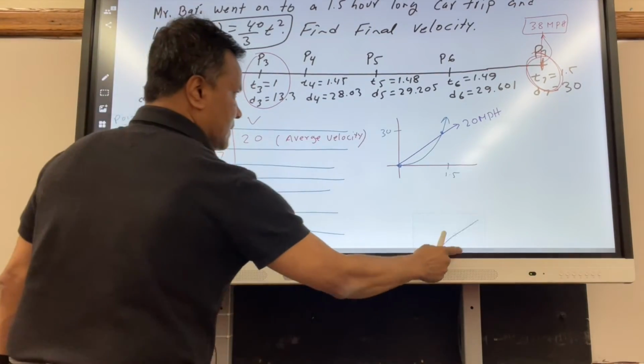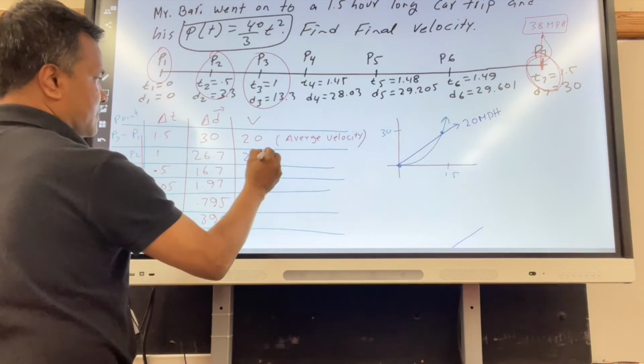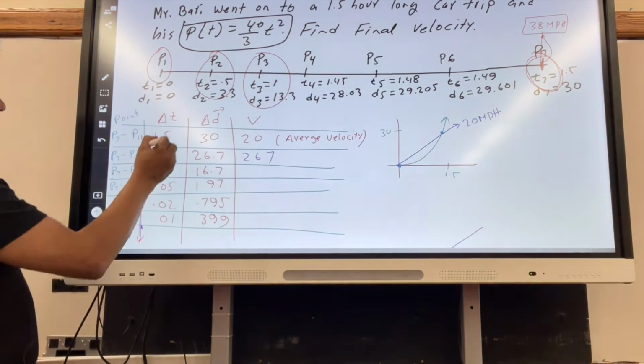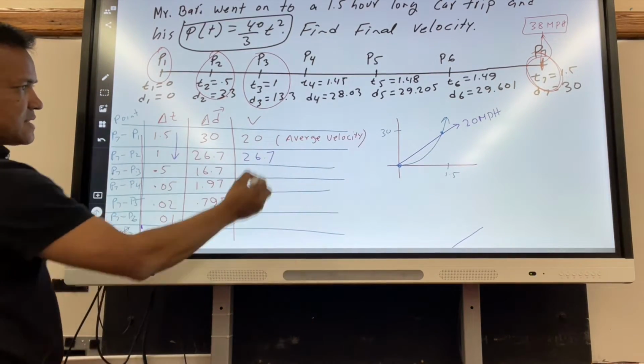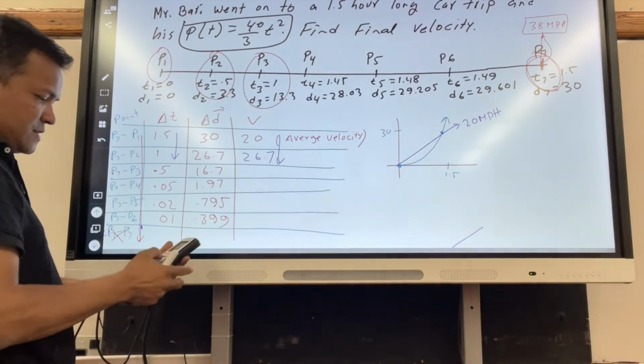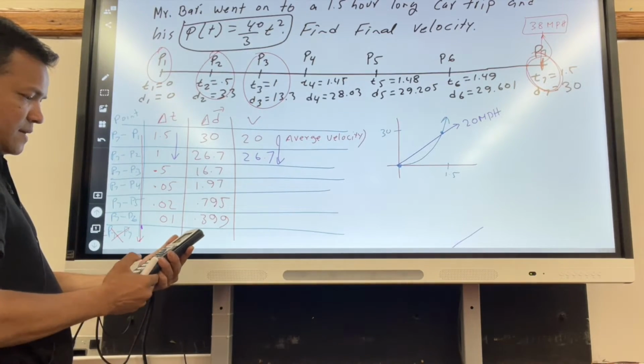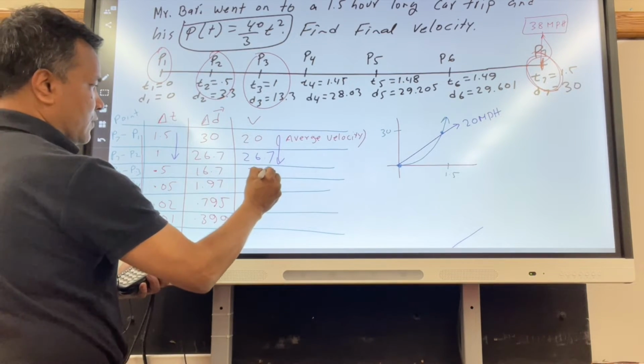Okay, get it? All right, so this one would be 26.7. As we said, as this approaches 0, this approaches 40. Let's see whether that's true. 16.7 divided by 0.5 is 33.4.